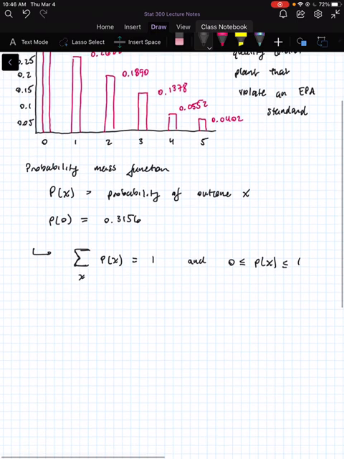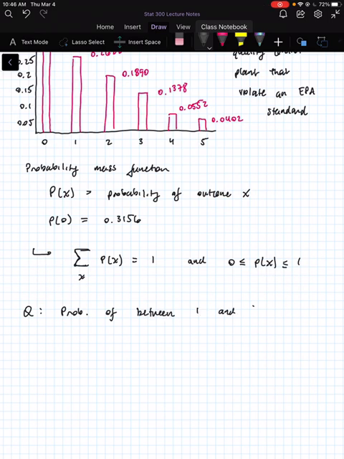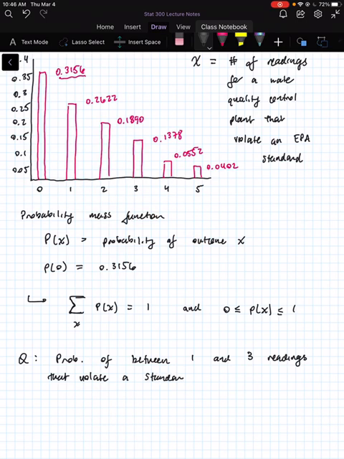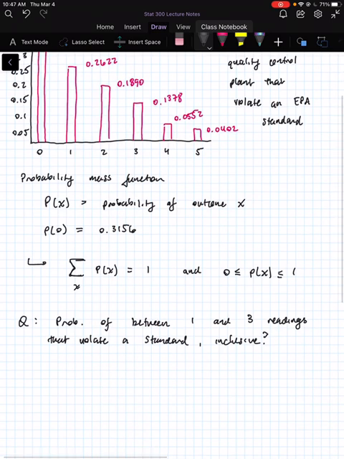And then we can answer questions like, what's the probability of between 1 and 3 readings that violate a standard? Inclusive. So 1 and 3 are included in our range of outcomes that we're interested in.